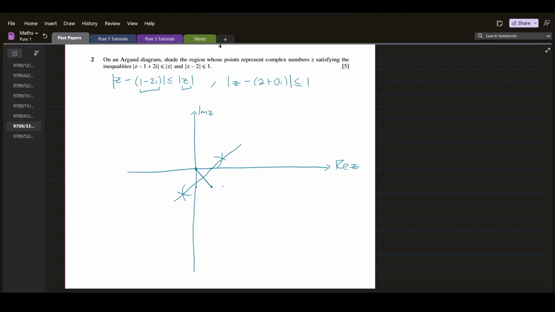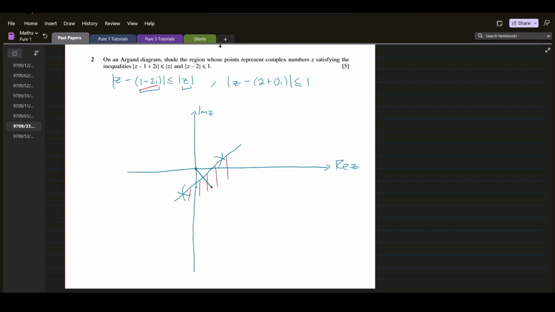That's our bisector. We want the region that is closer to 1 minus 2i. So 1 minus 2i is this point over here, and we want the region that is closer to 1 minus 2i, which would be this side of the bisector. Since they say it's less than or equal to, it means that it should be closer to 1 minus 2i.